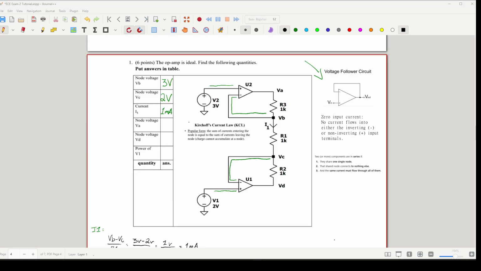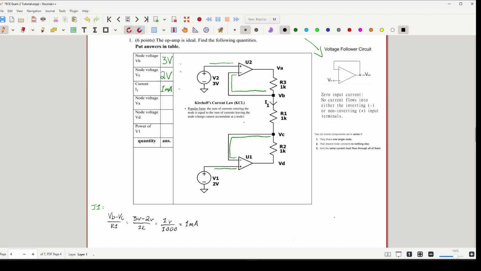Now that we have current I1, let's move on to solving for node voltages VA and VD. To do this, we can make use of all 3 of these known values, Ohm's law and KCL. Using this convention, I'm going to create a KCL equation for node VB in order to solve for node VA.